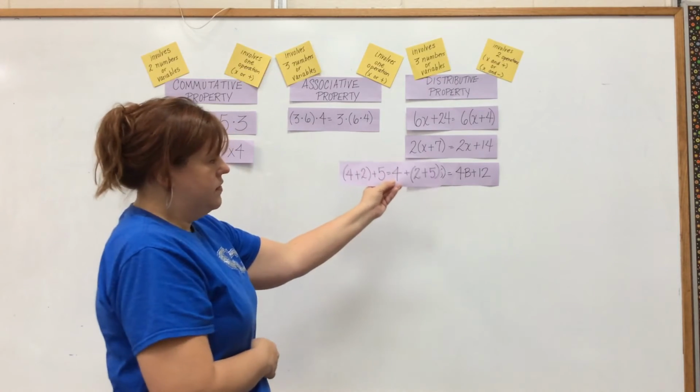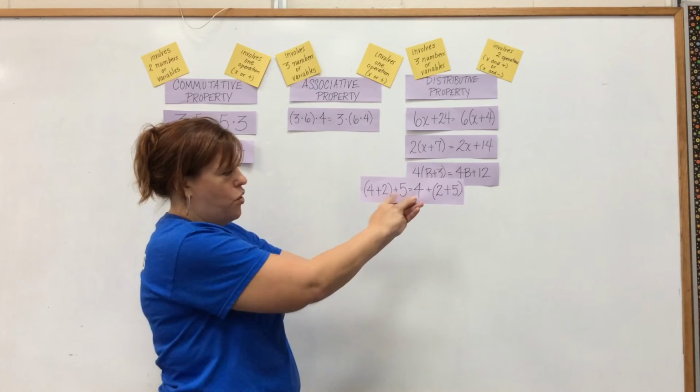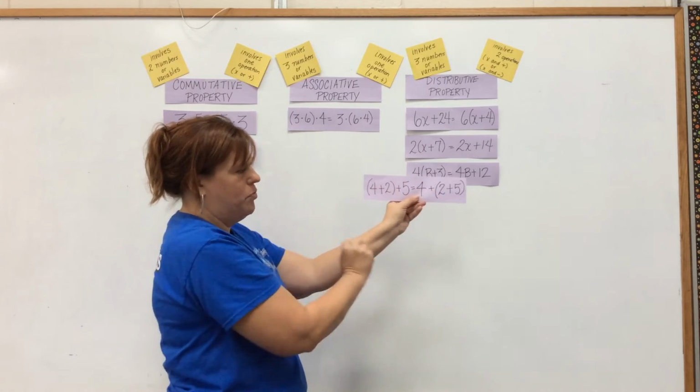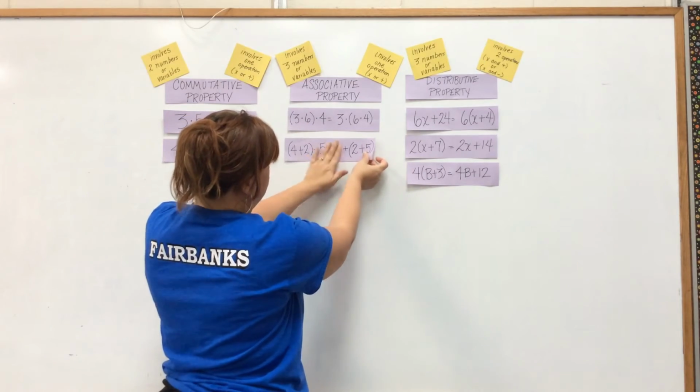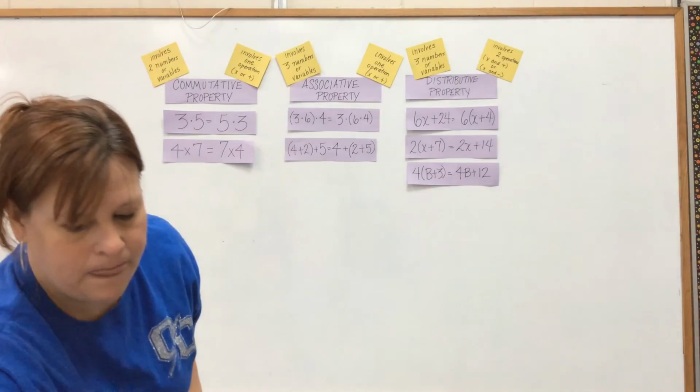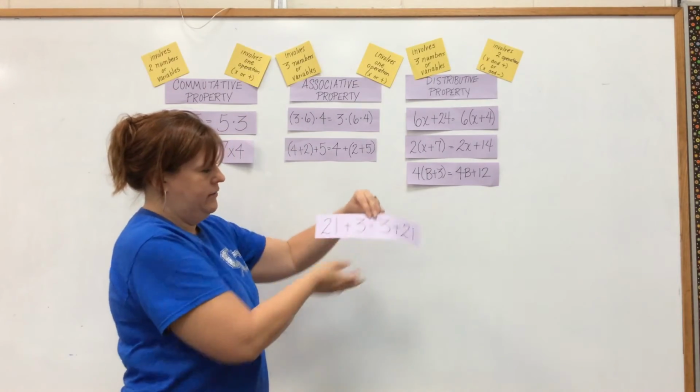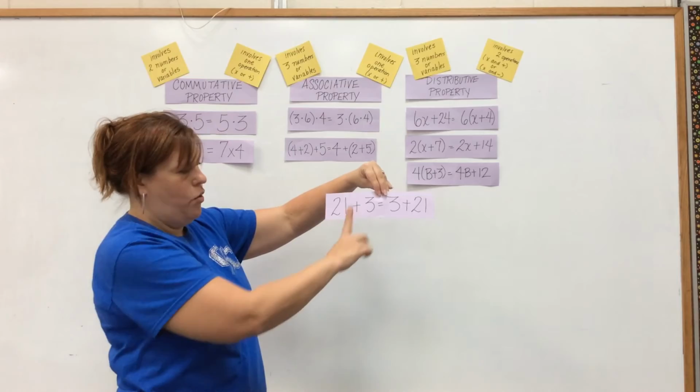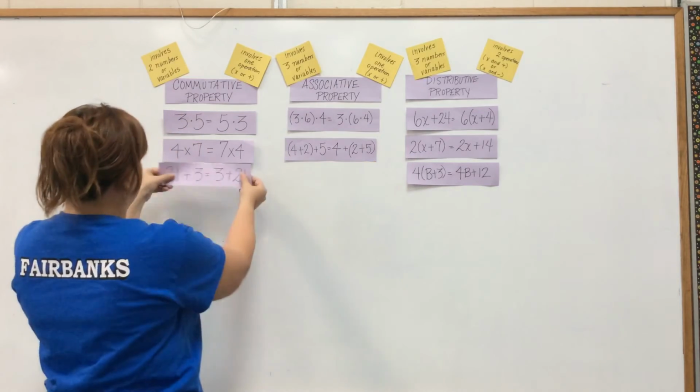Okay? This one involves 3 numbers, one operation, and it's about grouping. So it's the associative property. Sorry. All right? This one doesn't matter about the order, one operation, 2 numbers, commutative.